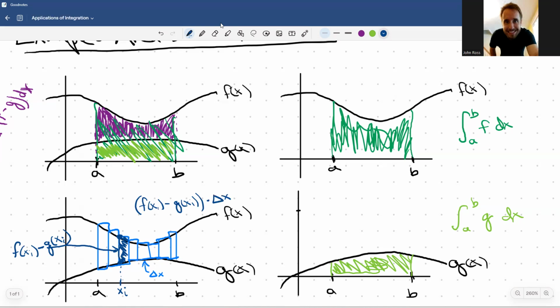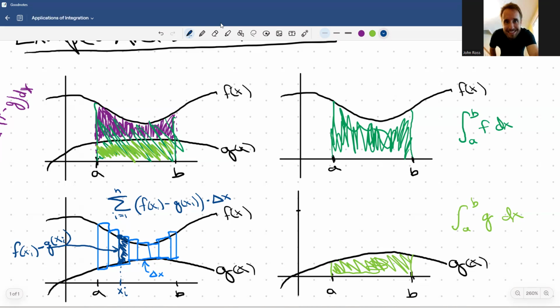And so what's the whole approximate sum? What's the area of all these rectangles added together? It's just a summation as i goes from 1 to n. So we're adding up all n of these different rectangles, and each of the rectangles has an area given by this form.